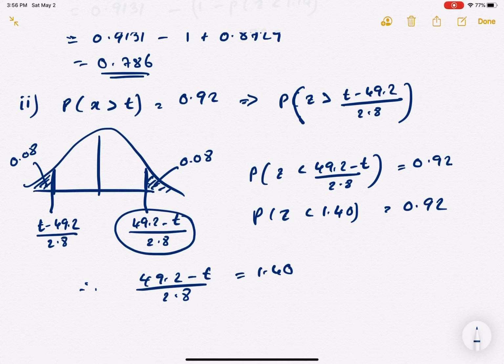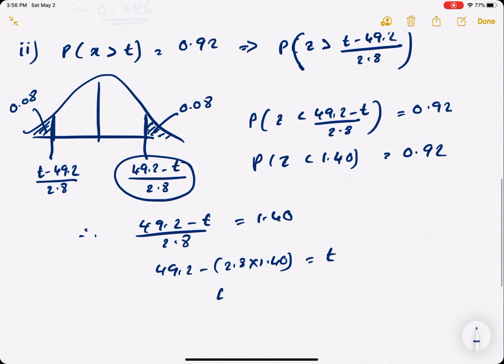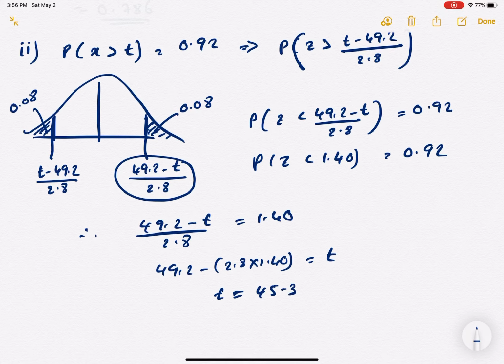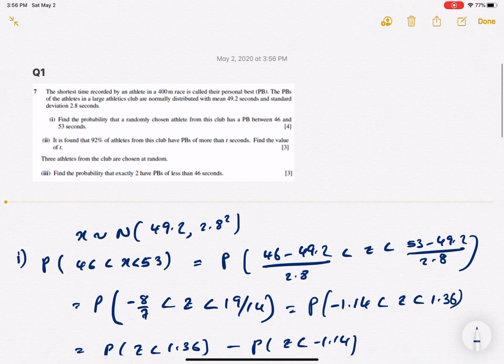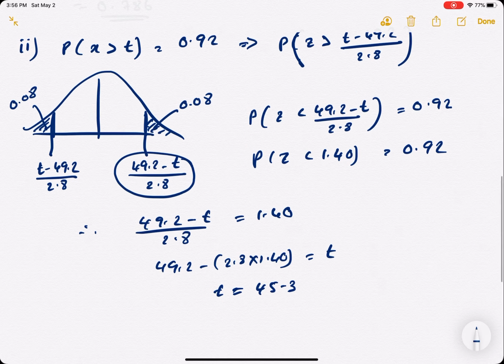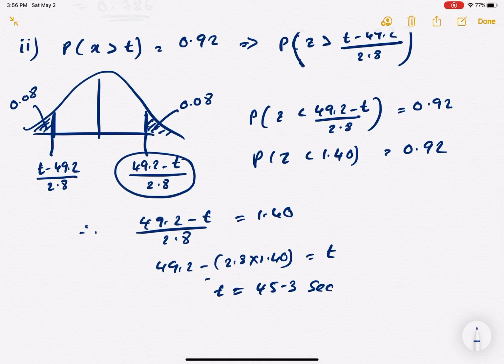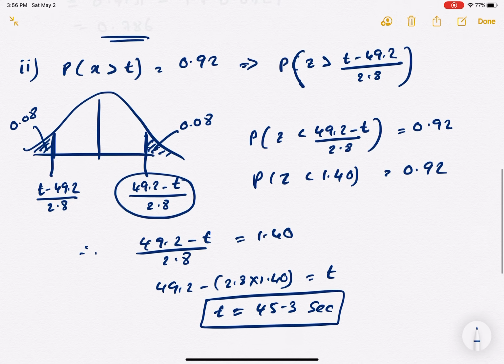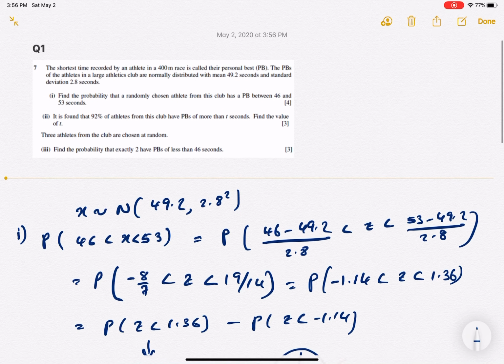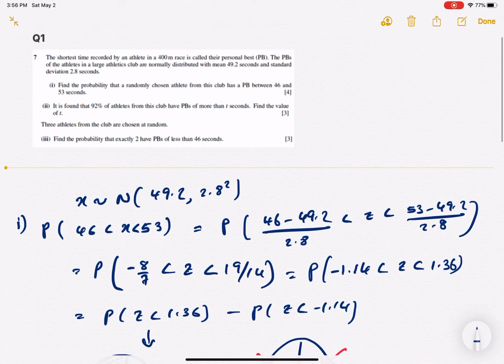So you can find t: 49.2 minus 2.8 times 1.40 should be equal to t, which gives a value of t of 45.3 seconds, correct to one decimal place. I haven't been told the accuracy, so I'm leaving it at 3 significant figures. 45.3 seconds should be the value, whereas 92% of personal bests of these athletes exceed this value.